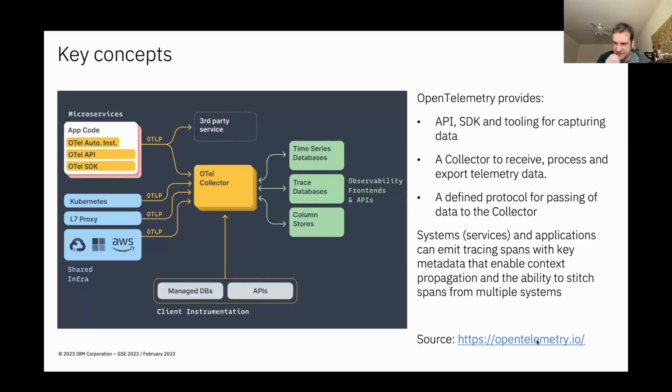I just want to spend a couple of minutes going into a little more detail around what OpenTelemetry is and what it isn't as well. It provides a standard set of vendor agnostic SDKs, APIs, and tools for ingesting, transforming, and sending data to an observability backend. And that can be an open source tool like Jaeger, or it could be a commercial solution like Instana.